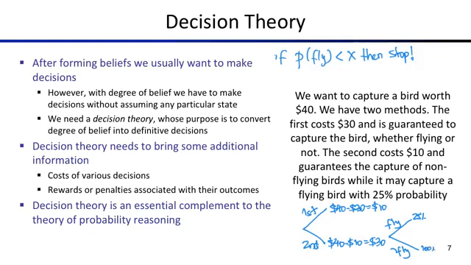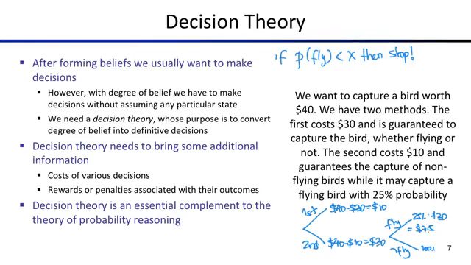So what's going on here, right? As we have just one chance in 4 of capturing the bird, we're not making $30 profit here. We have to multiply this 25% by the $30, and on average we will have something like $7.5 profit, right?